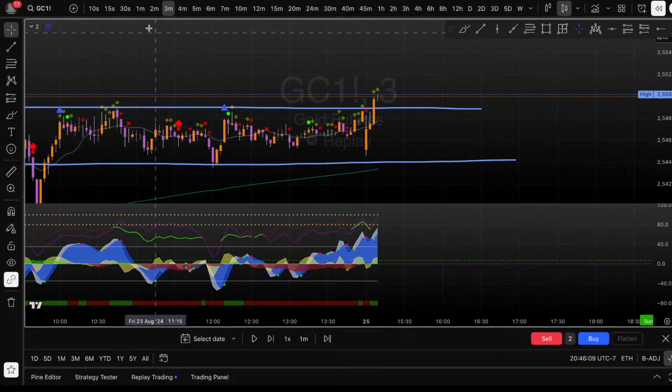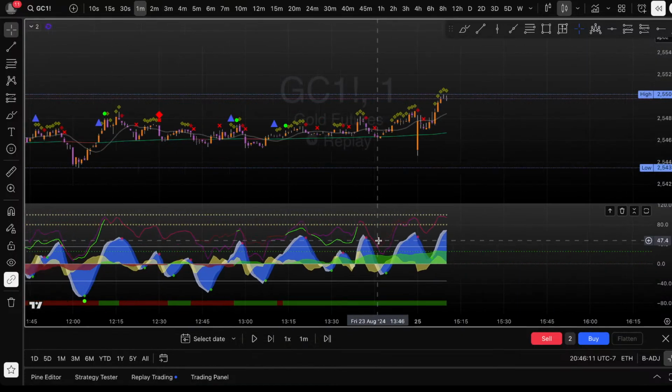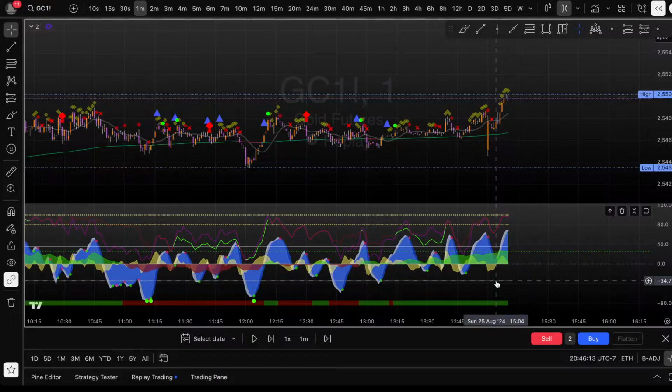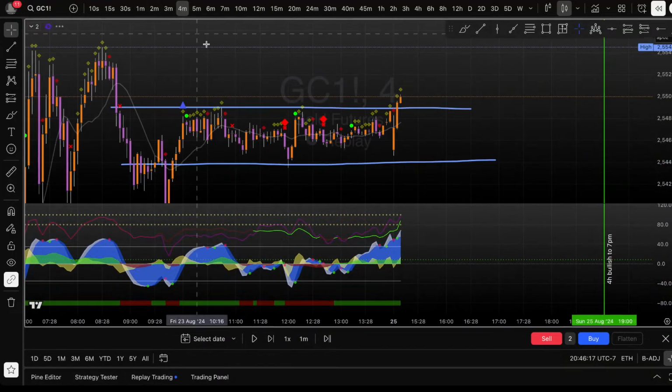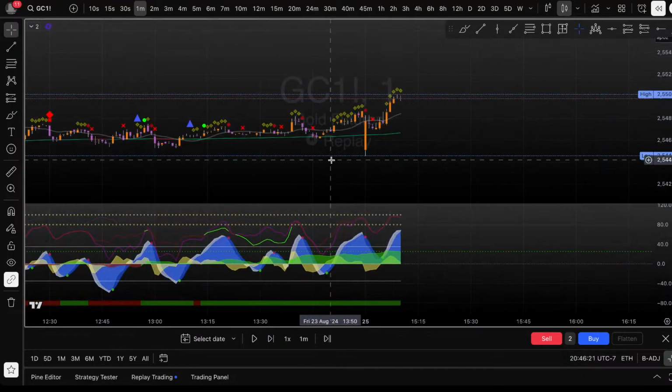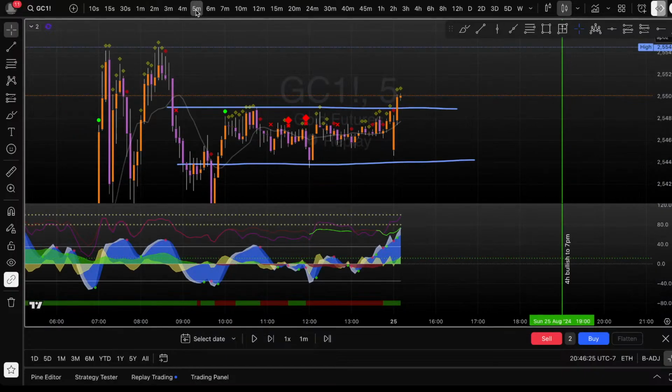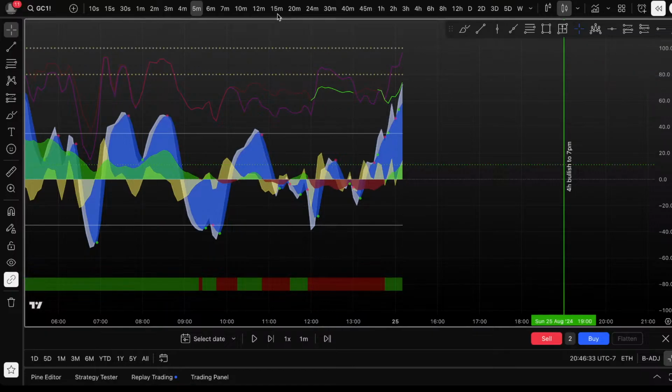I like the 3 minute. The 1 minute, I like it too. The 4 minute, beautiful. I can enter based off of the 5 and the 4. The 1 isn't entry ready necessarily, but my 5, I like what I see.